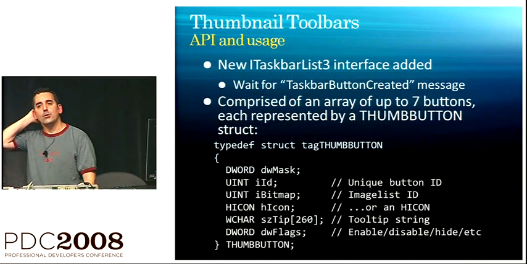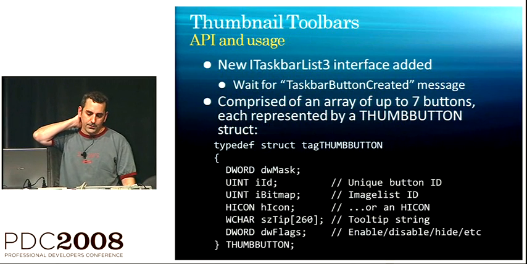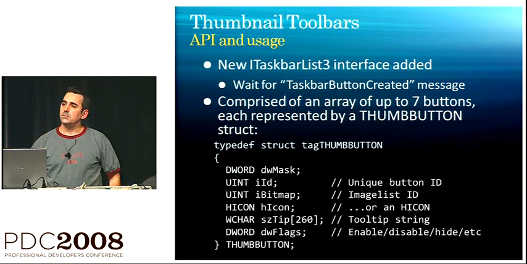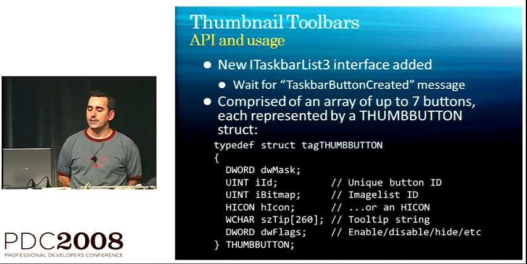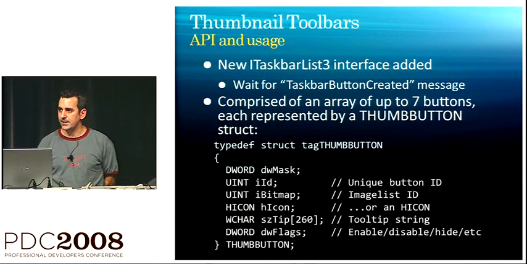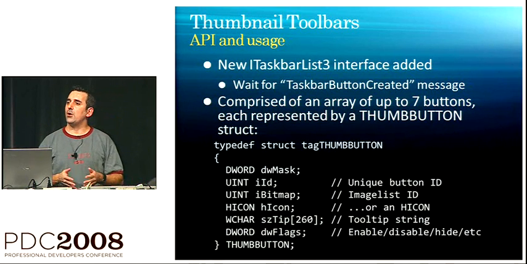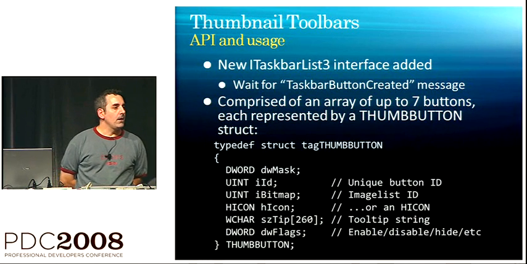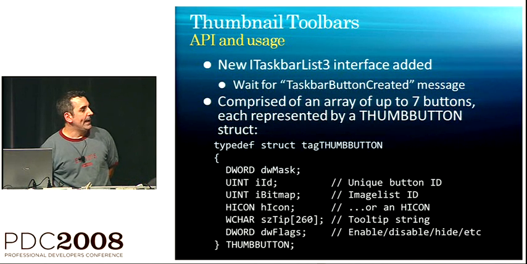So in terms of how you go about creating a thumbnail toolbar, there's a taskbar API, or rather some interfaces that have been around for a little while now, called ITaskbarList and ITaskbarList2. Well, because thumbnail toolbars are taskbar specific in scope, contrasting this against jump lists, which are much more shell-wide in scope, we added the ITaskbarList3 interface.